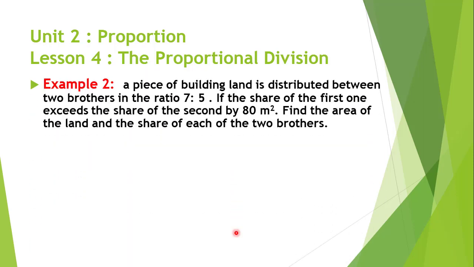Example number 2. A piece of building land is distributed between 2 brothers in the ratio 7 to 5. If the share of the first one exceeds the share of the second by 80 meters squared, find the area of the land and the share of each of the 2 brothers. So here we have only 2 brothers. The ratio between 2 persons, the first brother and the second brother.